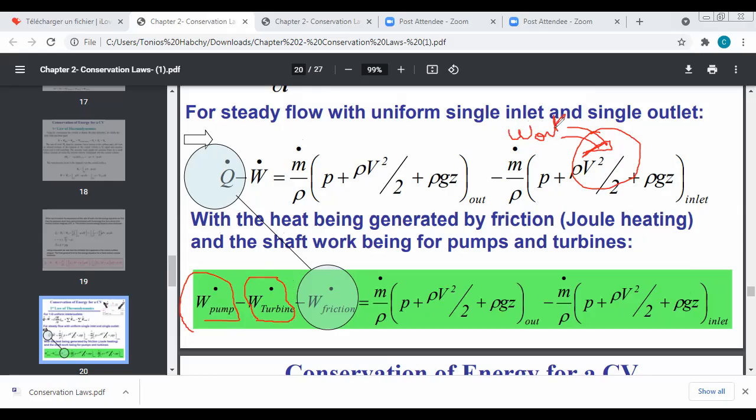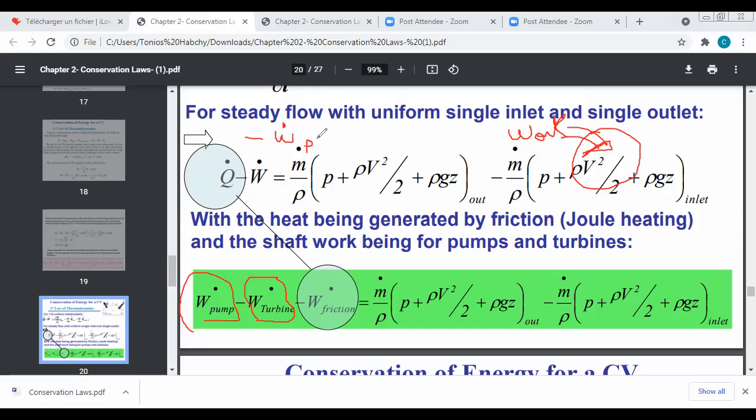Since the pump is putting work on my system, then if I follow the convention we are working with, when I put work on a system, it is considered negative. So I should put minus W dot pump.